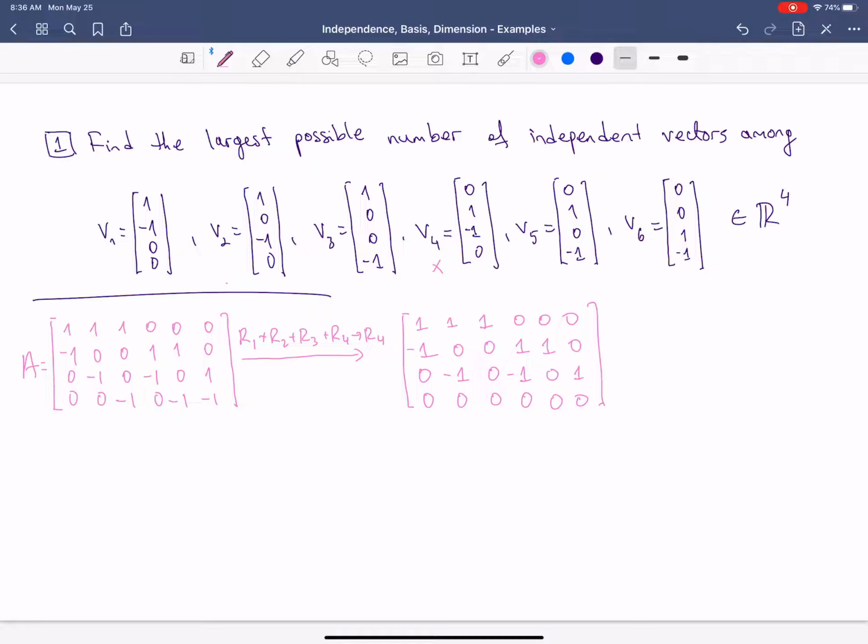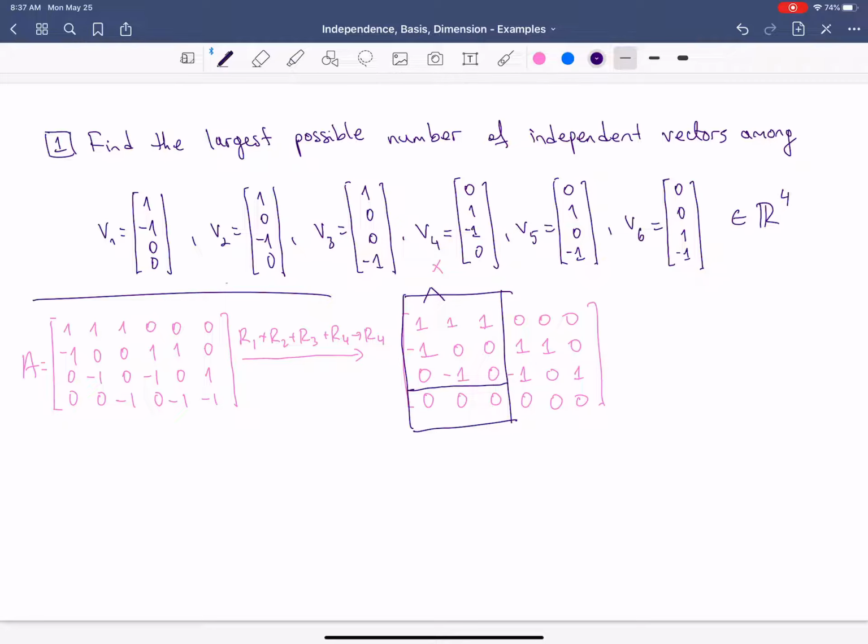So now we can see very clearly that the first 3 columns are linearly independent. How can we see this? A rearrangement would show us the case, but also, even if you just focus on the 3 by 3 matrix, you see that these two vectors are independent and that this one cannot be produced from the other two.